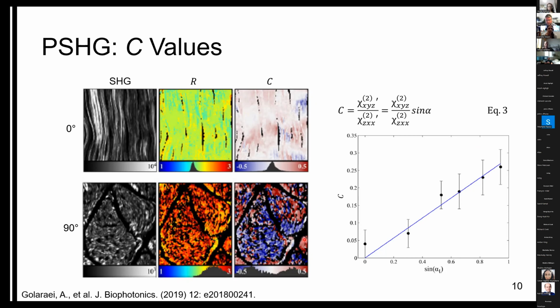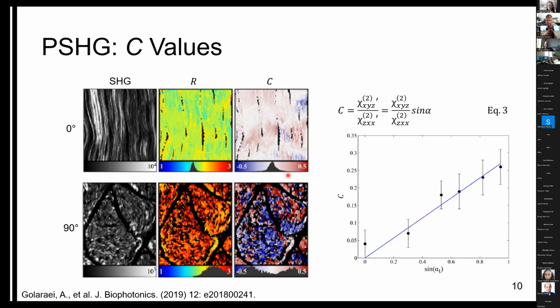And so what we see is that the C values range from minus 0.5 to plus 0.5, and they're colored in such a way that blue indicates negative chirality regions. So that would be a crystal light pointing down, while red shows positive chirality regions where the crystal light is pointing up. And so for the case where alpha equals 0, the C value has a very narrow symmetrical distribution around 0.